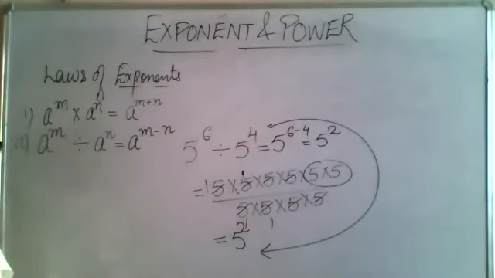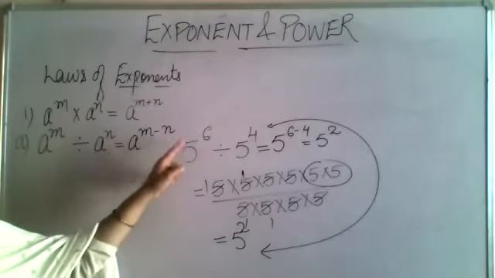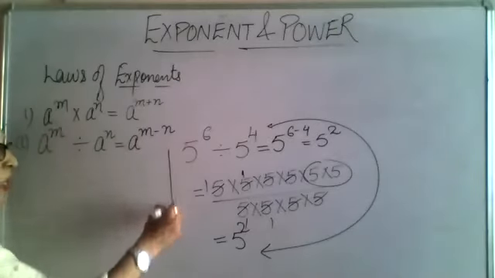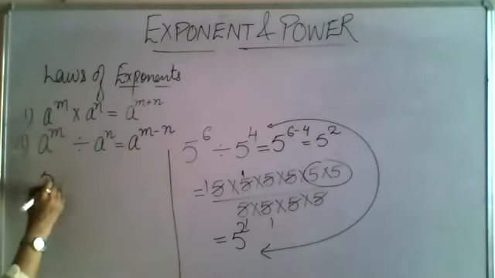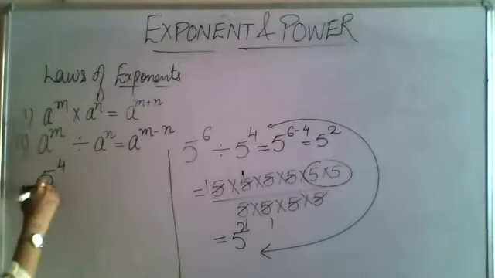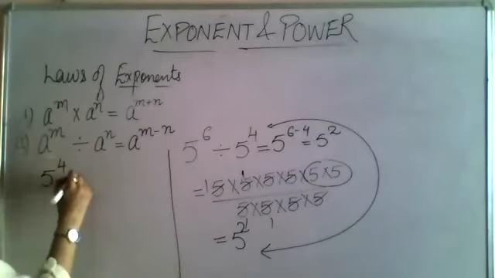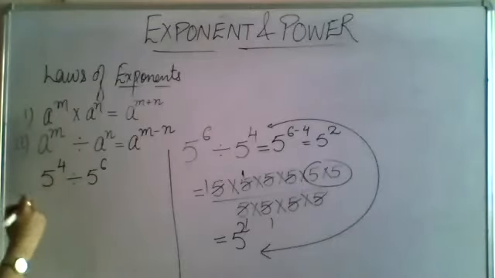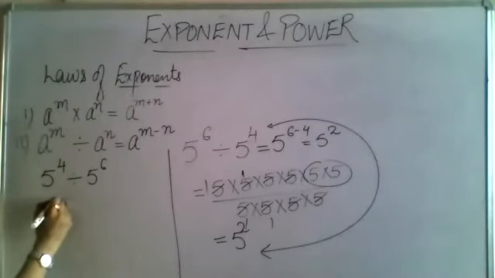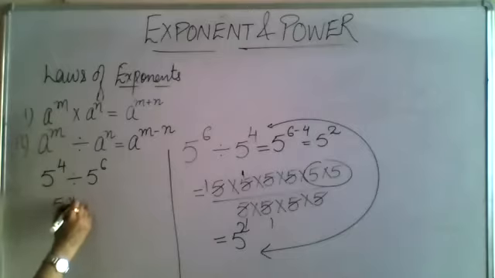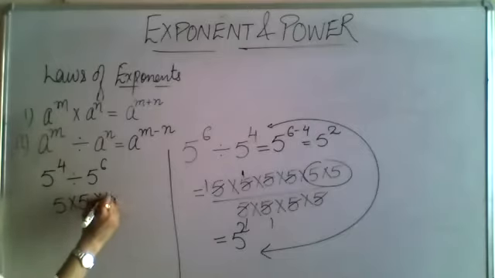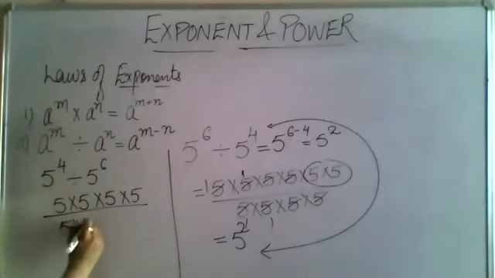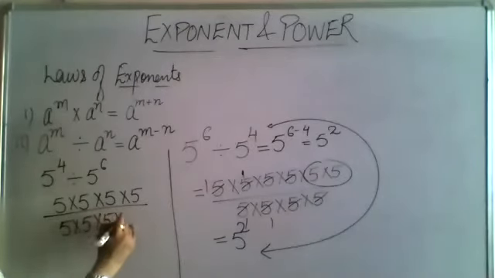I want to explain the same thing if I take opposite powers. Look here, if I take the power 4 before and 5 raised to power after, what will happen? 5 into 5 into 5 into 5 and 5 into 5 into 5 into 5 into 5. I'm writing it.